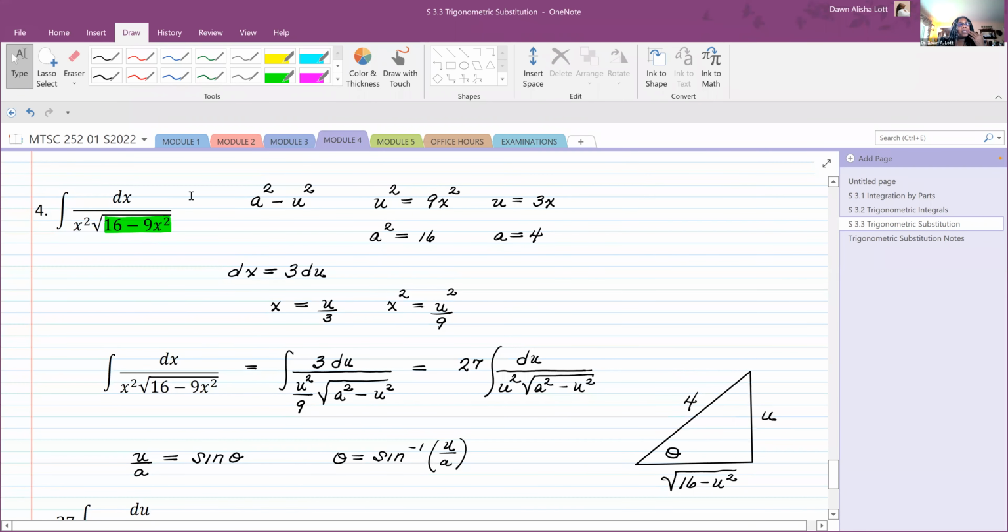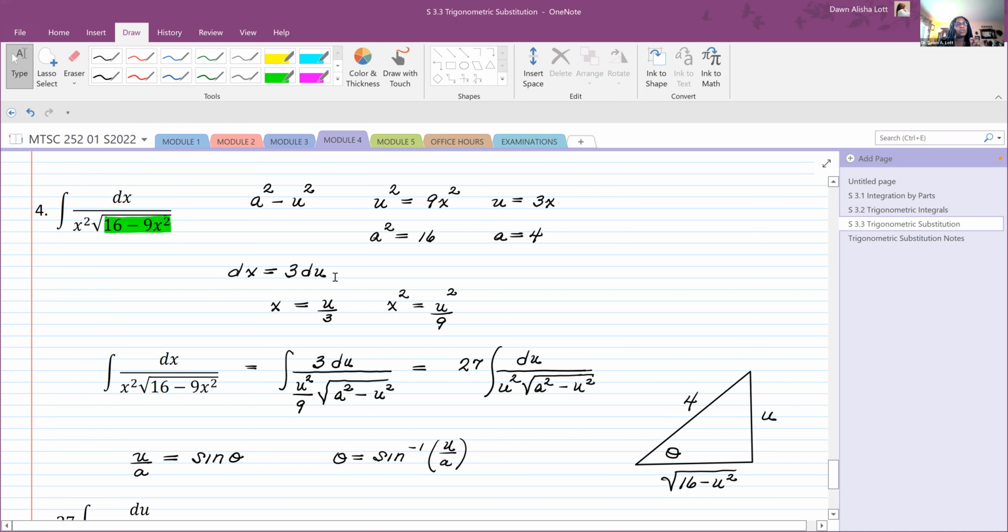I want to go back and recap. We took the original problem, which was 16 minus 9x squared. We changed it to 16 minus u squared, and so therefore we have a squared minus u squared. We knew u squared was 9x squared, so u was 3x. A squared is 16, so a is 4.